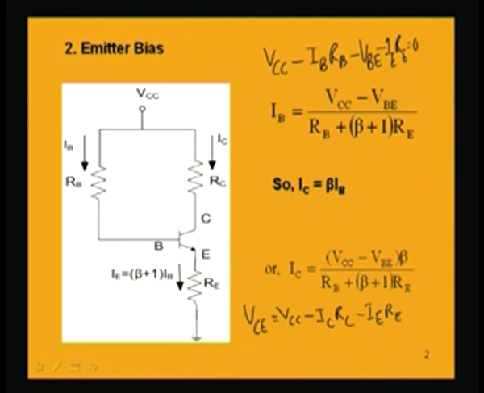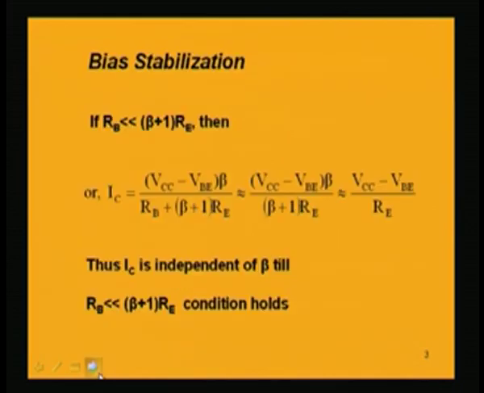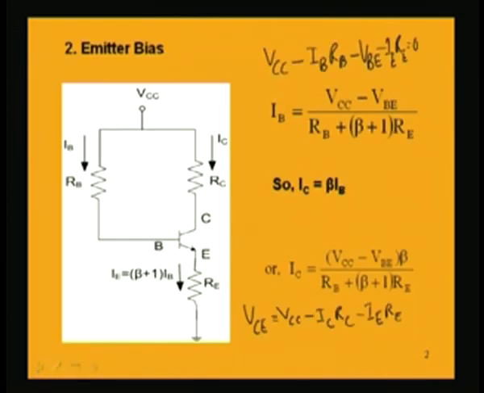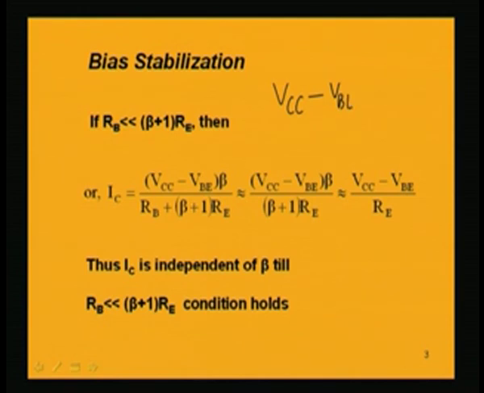So, as this drop increases, the base current, which is nothing but VCC minus VBE minus IE RE divided by RB, changes. Now, if we have a rise of IC, correspondingly IE will rise, and so this drop IE RE will rise.